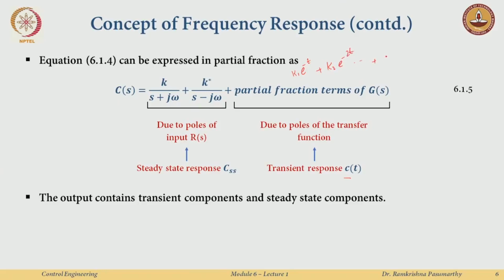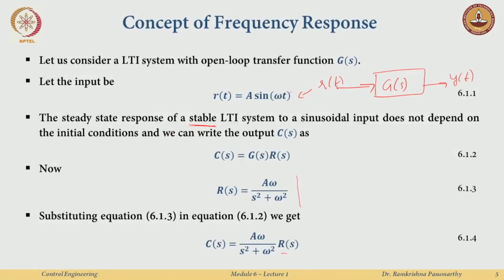If there are repeated roots, there could also be terms like t times k3 e power minus 2t, but I know that this term goes to 0 as time goes to infinity, and therefore, I am just looking at the steady state response, because as t goes to infinity, this entire thing goes to 0.